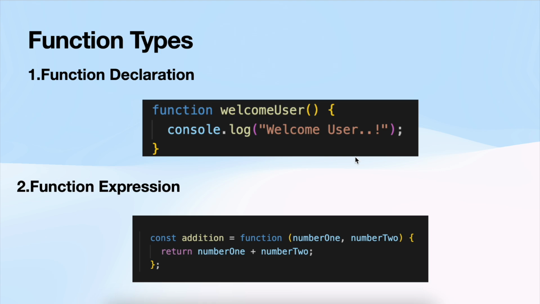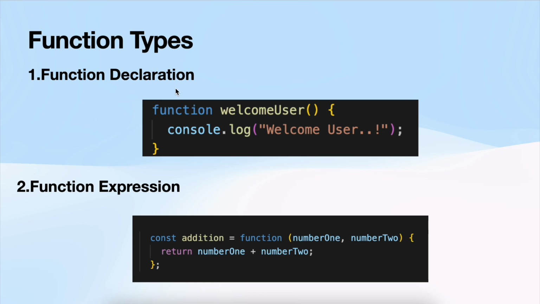Now let's understand the different types of functions in JavaScript. In JavaScript we have certain types of functions like function declaration, function expression, arrow functions, and so on. Let's go ahead and see them one by one. First of all we need to see what is function declaration and what is function expression.